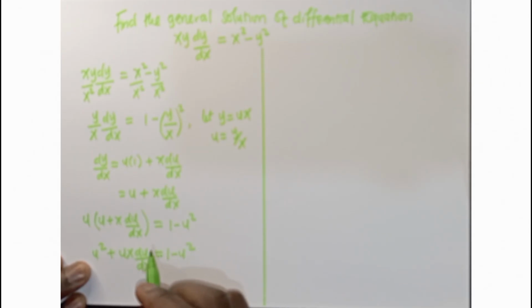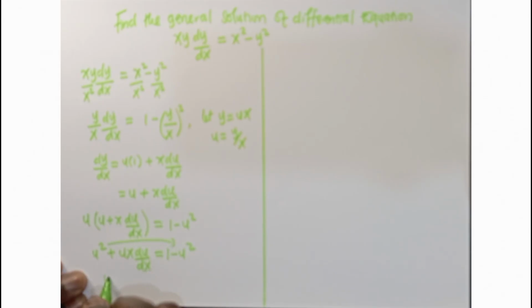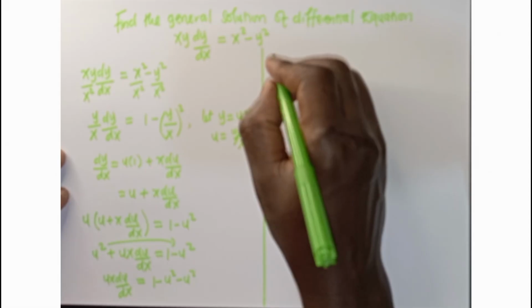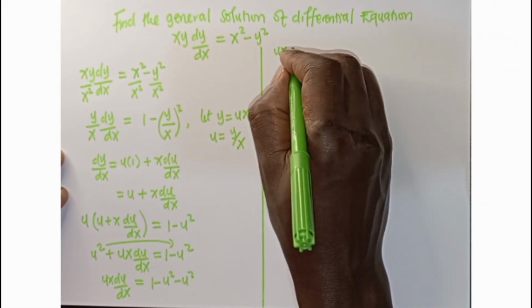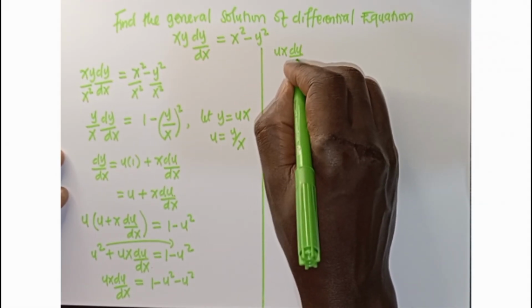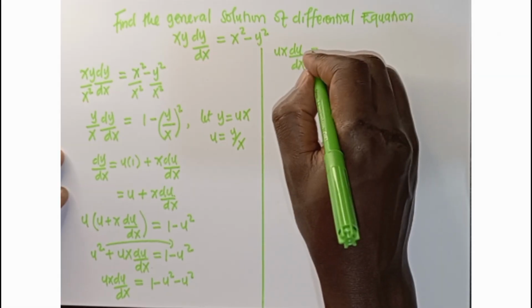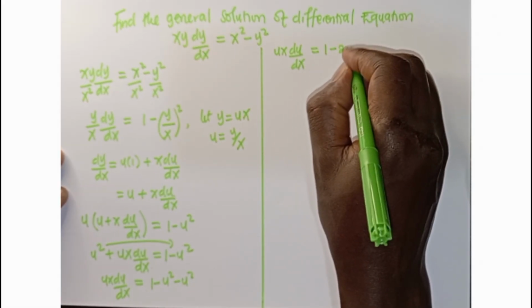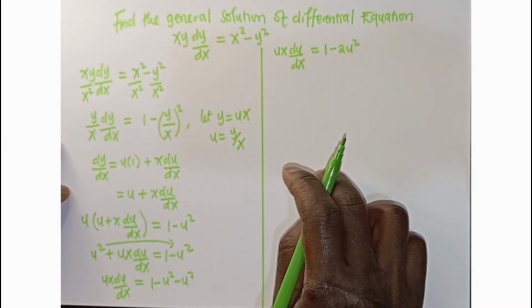If that is true, we can take this side, so to have ux du dx is equal to 1 minus u squared minus u squared. Now when you simplify this, it gives us negative 2. So we shall end up having u of x du dx is equal to 1 minus 2u squared.